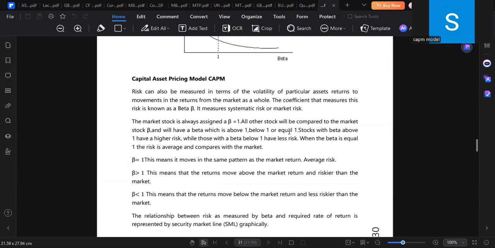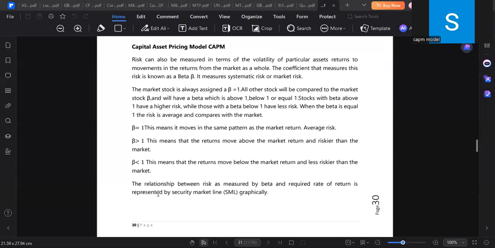If it's below 1, it means it's less volatile. So these are the measures of beta. So beta equal to 1 means it is moving in the same pattern or direction. Above that, it means moving above the market return, or it's riskier than the market. Then if it's below, it means it's less volatile.